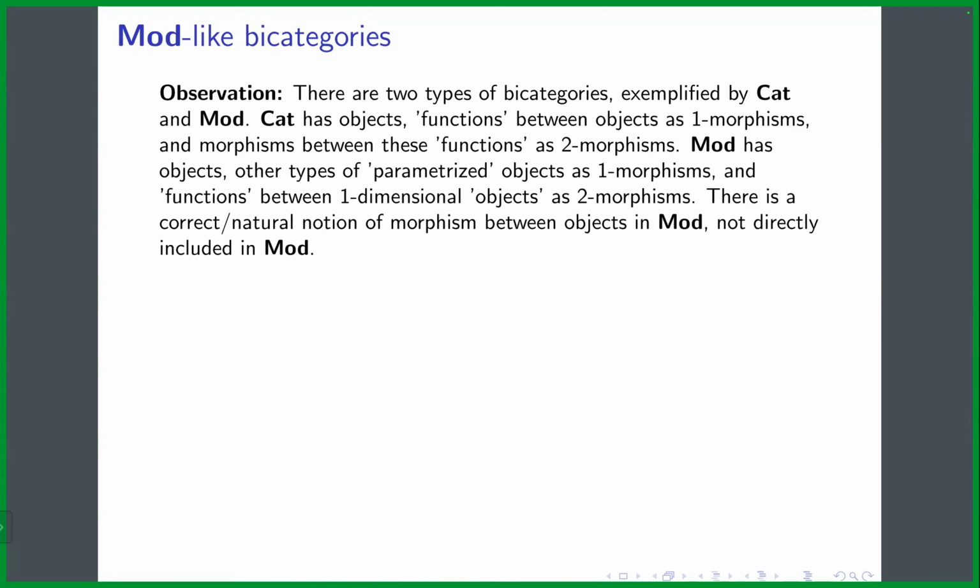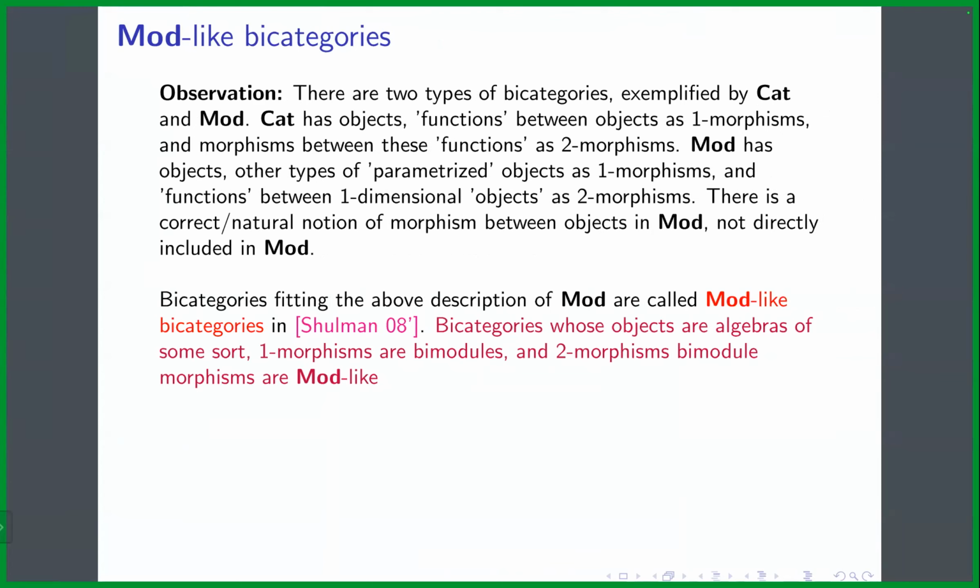So in mod, for example, you have your objects or algebras, your parameterized objects are bimodules, and the morphisms between these parameterized objects are bimodule morphisms, and your correct notion of morphism between zero-dimensional objects is unital algebra morphisms.